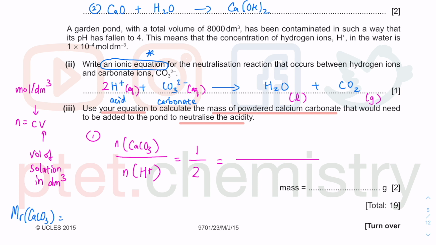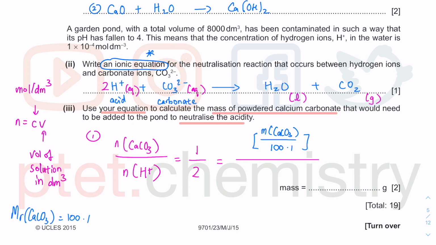So going to your periodic table, you will have calcium, which is 40.1, plus 1 carbon, 12.0, plus 16.0 times 3, I get 100.1. So that is mass of the calcium carbonate divided by the Mr, which is 100.1. This thing on the right hand side is the mole of the calcium carbonate.